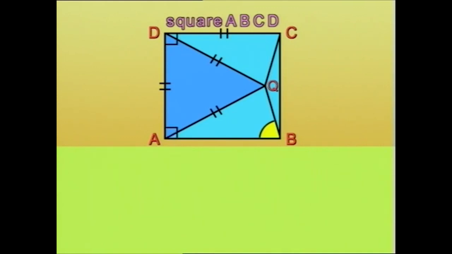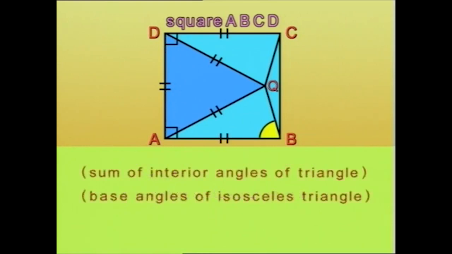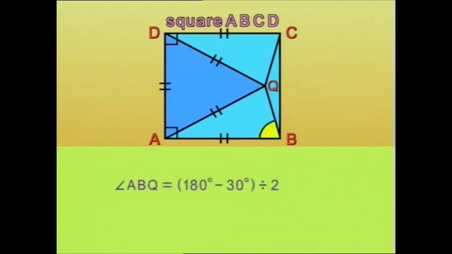Furthermore, as they're the sides of a square, AB equals AD. Therefore, AB equals AQ. This means that triangle ABQ is an isosceles triangle. According to the rules governing the sum of interior angles of triangles and the properties of base angles of isosceles triangles, angle ABQ equals (180 degrees minus 30 degrees) divided by 2 equals 75 degrees.